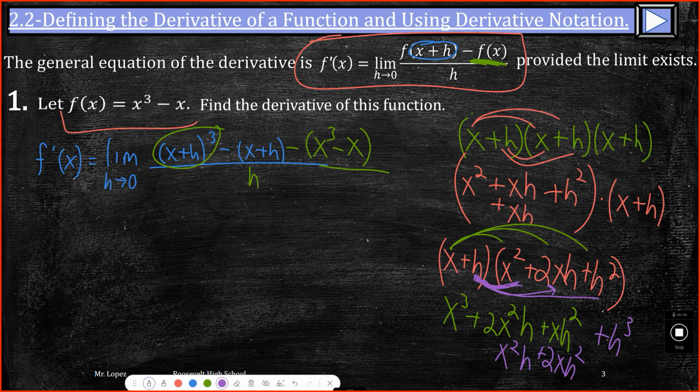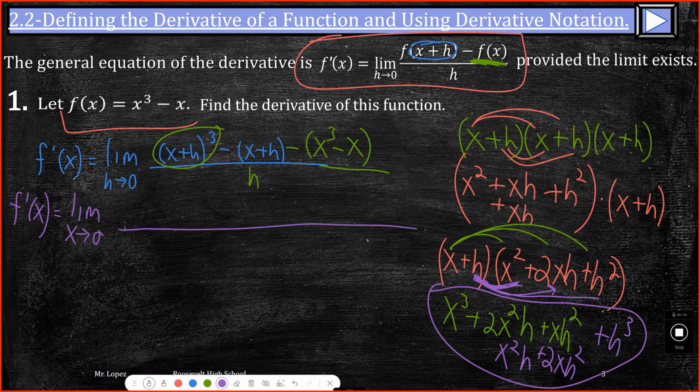I'm going to put this answer, simplified, back over here. So f prime of x is going to equal the limit as h approaches 0 of this whole thing. I'm going to replace that x plus h to the third with what I came up with.